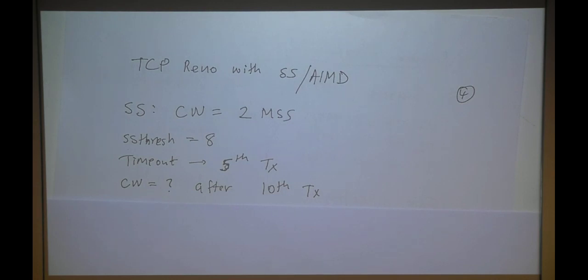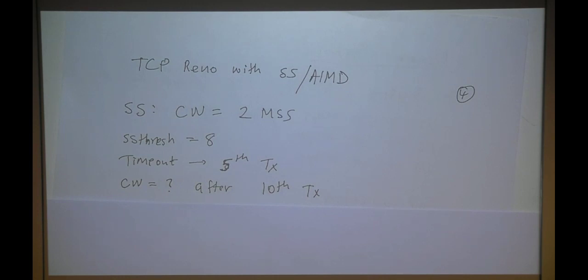Okay, so I'm at 2. I've just got a timeout. I'm at 2, and my slow start threshold is 8. I'm going to slow start up to try to get to 8, and I get a timeout after the 5th transmission.